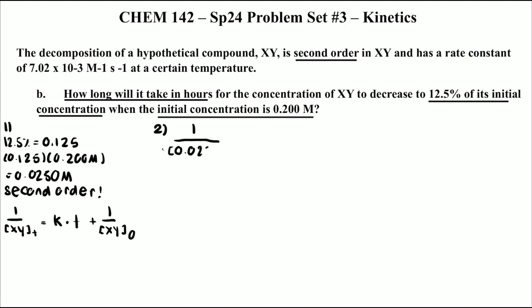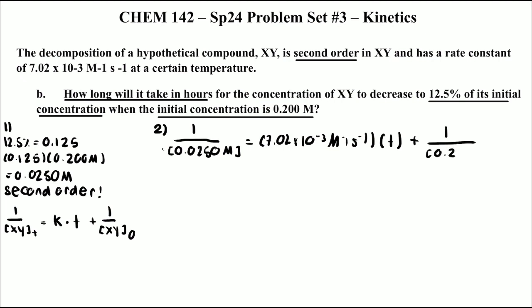So 1 divided by our final concentration is equal to 1 divided by 0.0250 molar, which is equal to a rate constant, 7.02 times 10 to the power of negative 3 inverse molar per second, times T, plus 1 over our initial concentration of 0.200 molar.